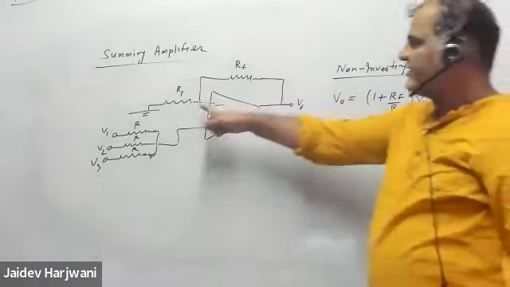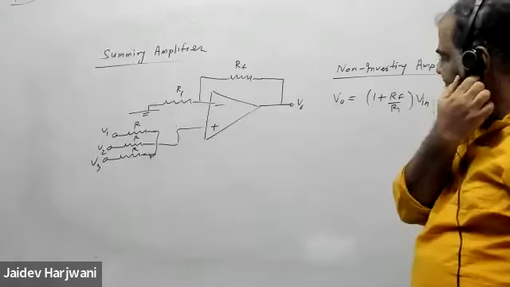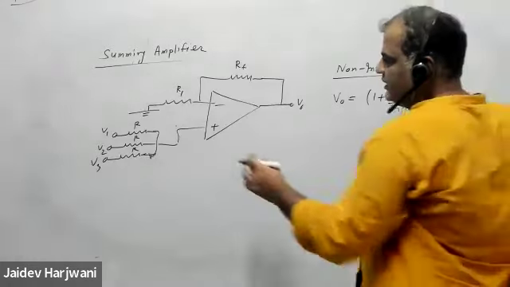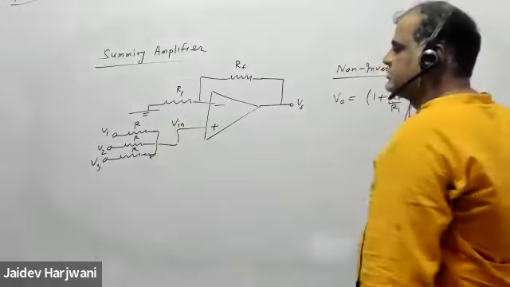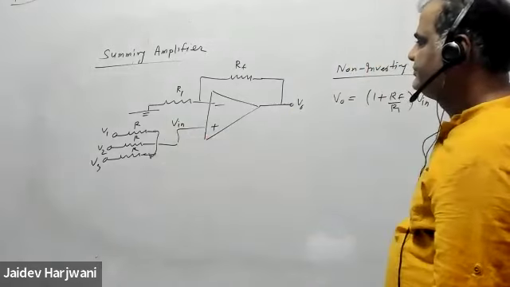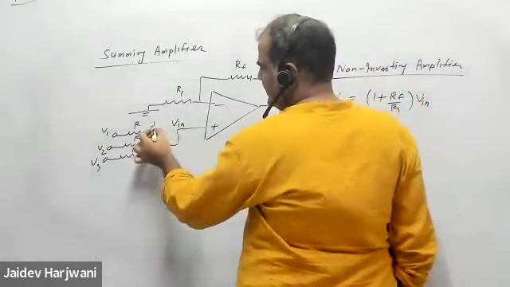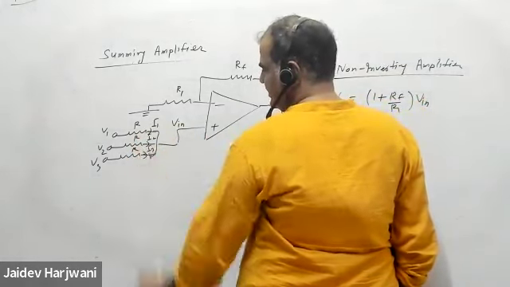So RF and R1 are given, and you only want to find what is V input here. Okay, so let us say this voltage is V input. Now, how can I write? Say a current I1 is coming here, a current I2 is coming here, and a current I3 is coming here.